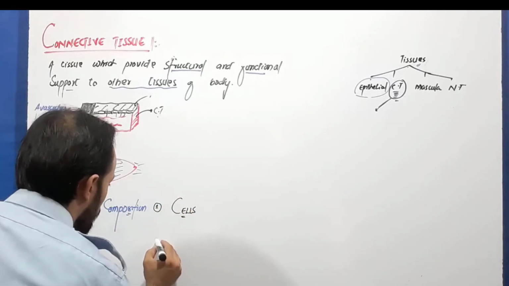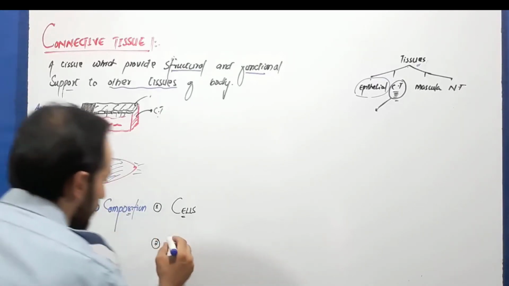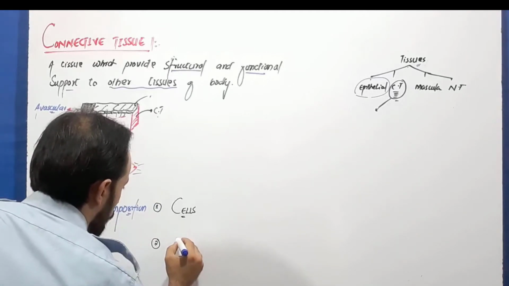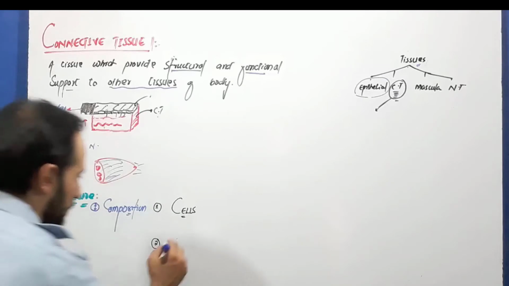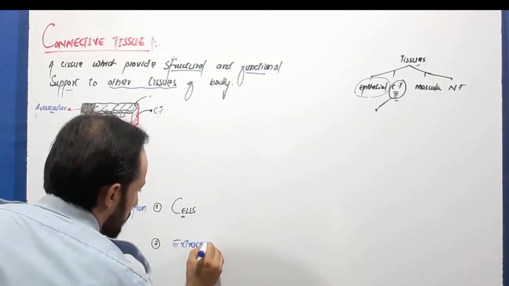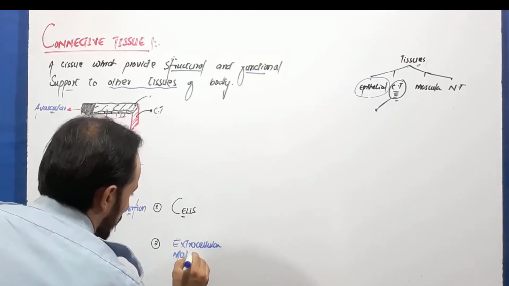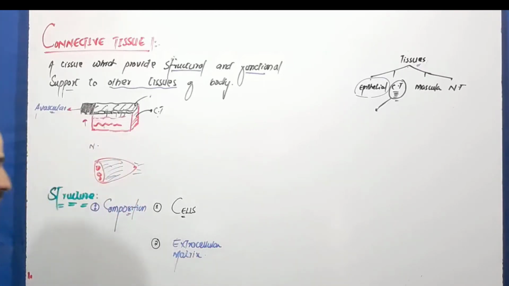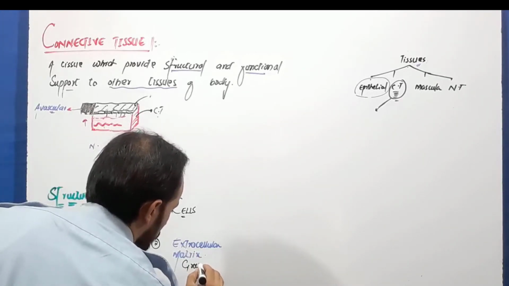Then the second important structure present in the connective tissue is the ground substance, or we say extracellular matrix. Extra means outside, cellular means cell, so extracellular matrix, and this extracellular matrix is also known as ground substance.